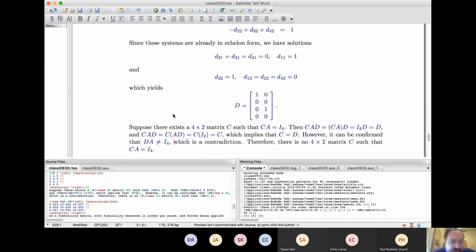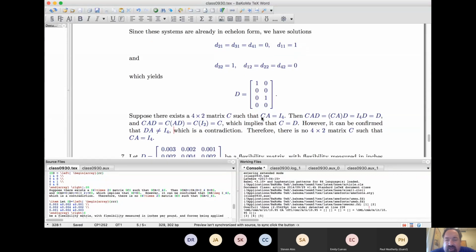And here I explain why it's not possible. So suppose there is such a matrix. I'm going to do proof by contradiction. So C times A is equal to 4 by 4 identity. Now A is 2 by 4. If C is 4 by 2, then the result is 4 by 4.